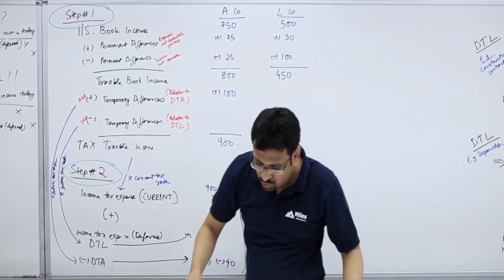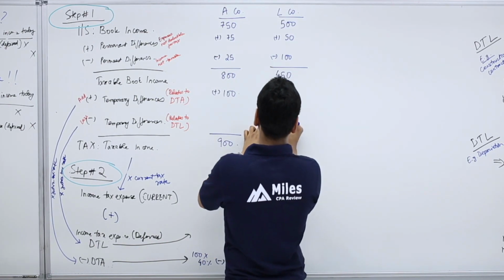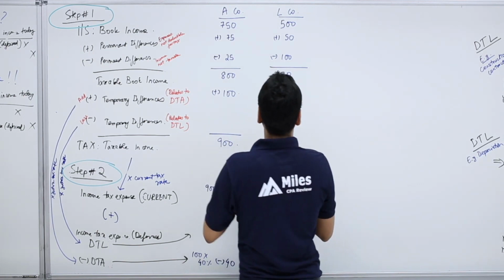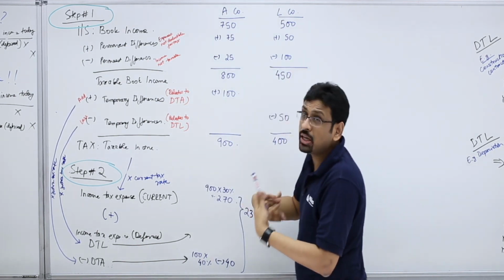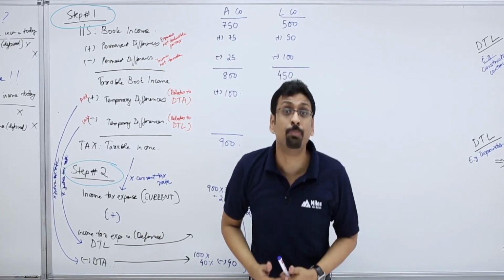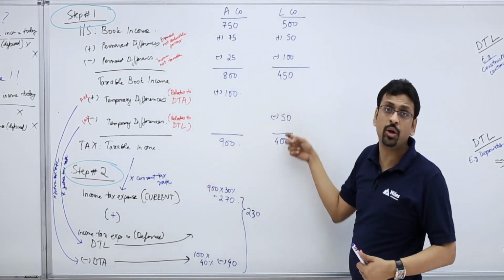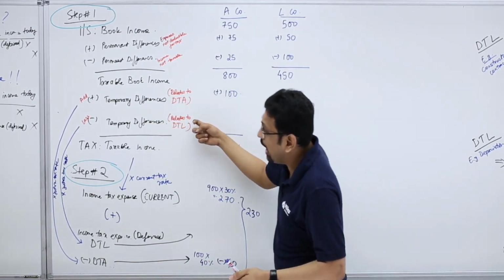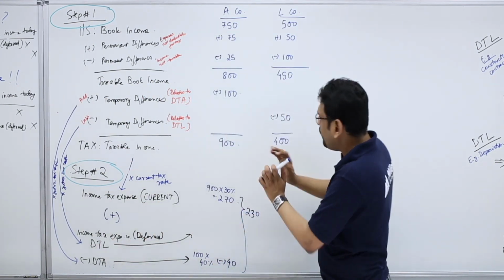That's the subtract of $50. Guys, this means more book income today. More book income today means it's a deferred tax liability. So this negative temporary difference relates to a deferred tax liability. So we're done with step number 1.